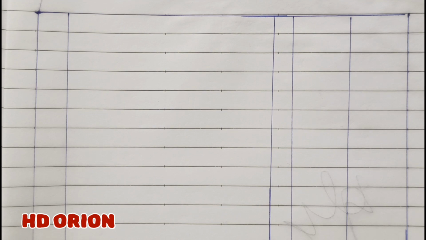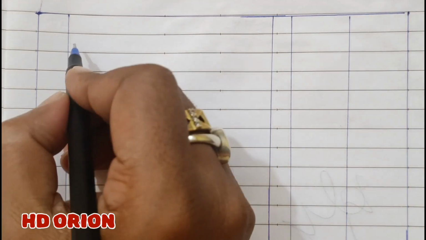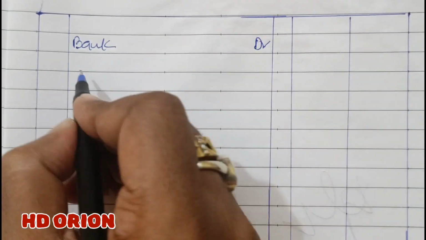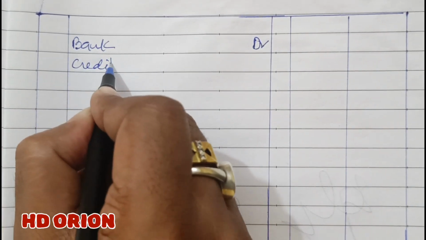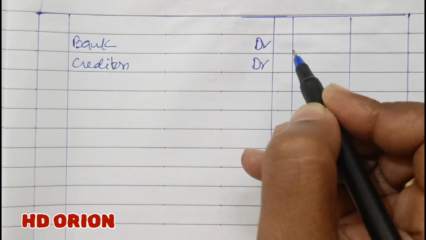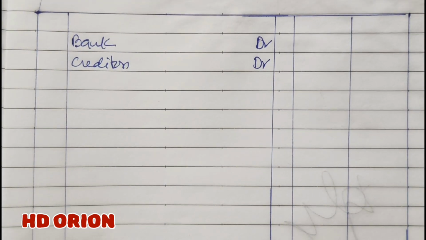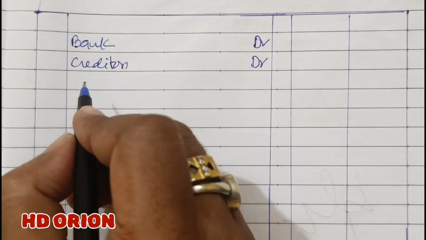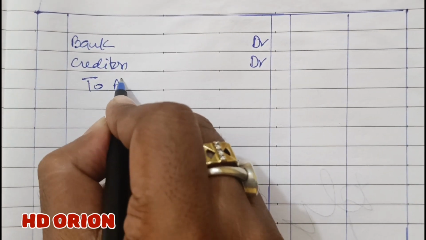Now journal entries related to Abhay's admission. For that, bank account is debited and creditors also, because Abhay is the creditor and now he is converted as a partner. So his amount rupees 10,000 as a creditor will be merged with his capital. So to Abhay's capital account.